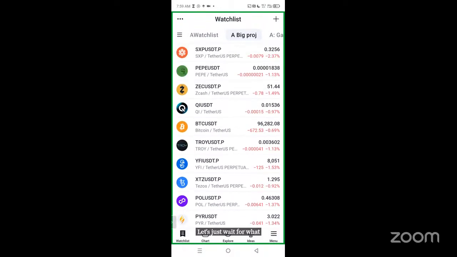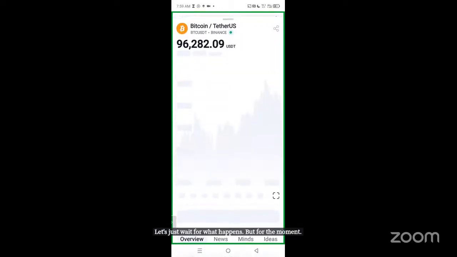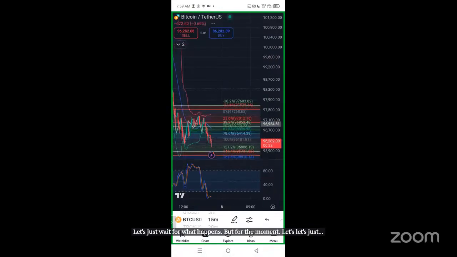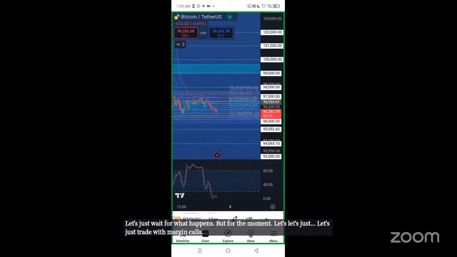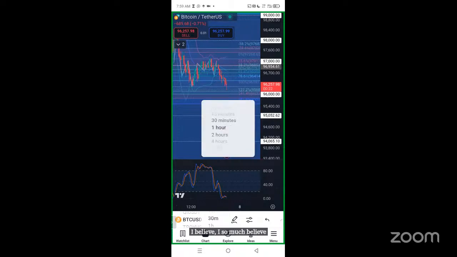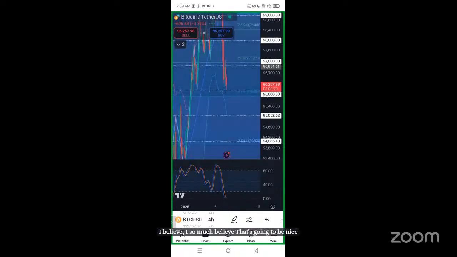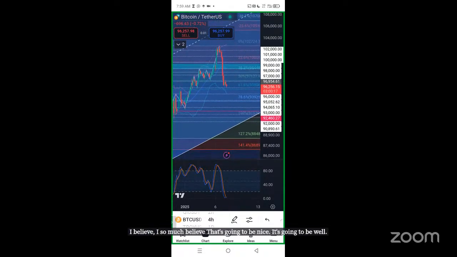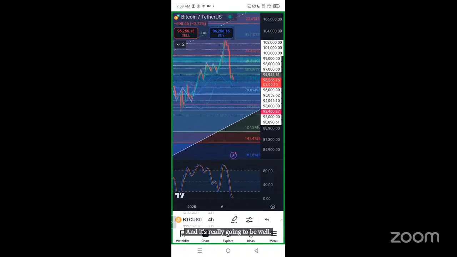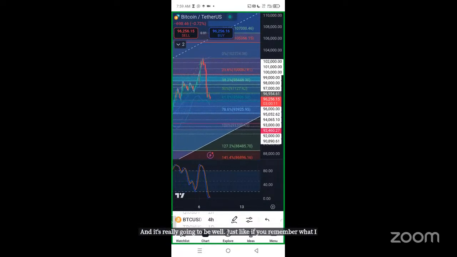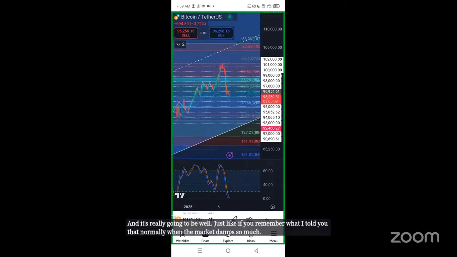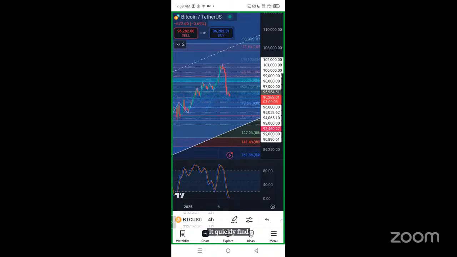But for the moment, let's just trade with margin calls. I so much believe that it's gonna be nice. It's really gonna be well. Just like if you remember what I told you, that normally when the market dumps so much, it quickly finds a way of stabilizing.